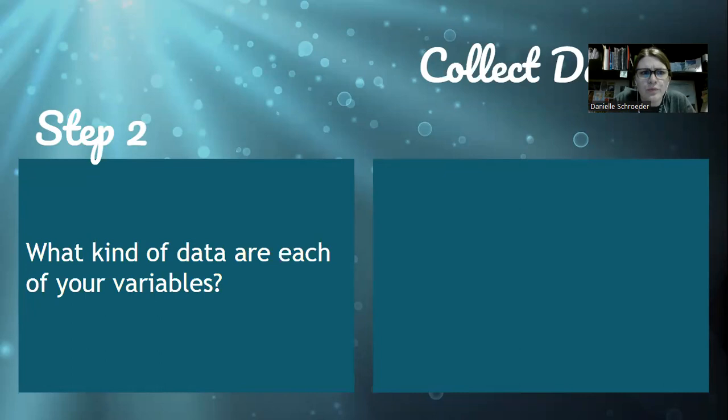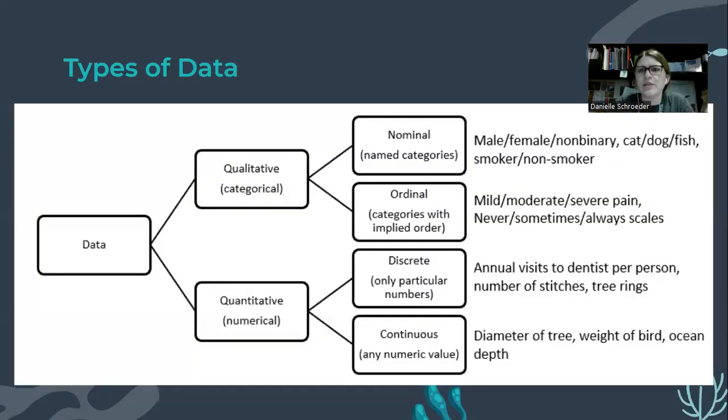Step 2 is what kind of data are each of the variables that we're looking at, okay? Let's take a look at this handy dandy chart here. When we think about frog color and frog weight, what kinds of variables are those? Okay, so let's take frog weight for a second. Is that qualitative or is it quantitative? Qualitative versus quantitative.